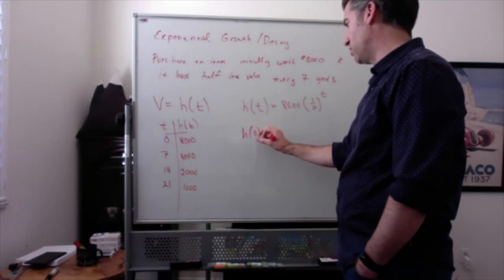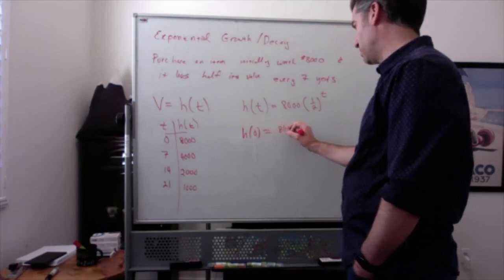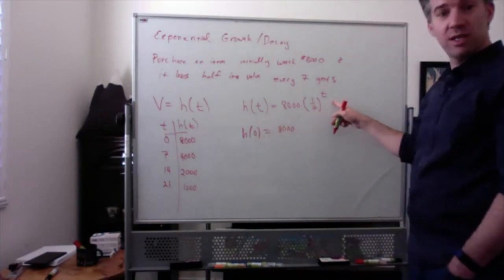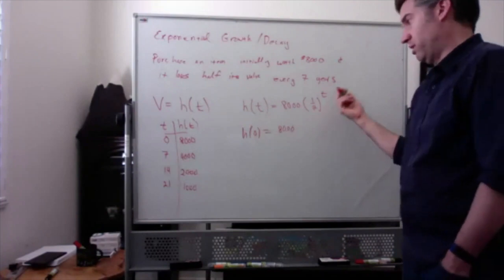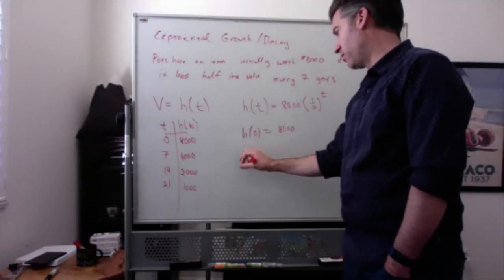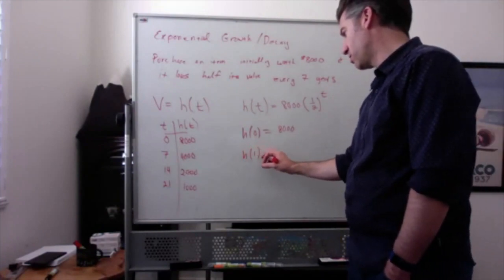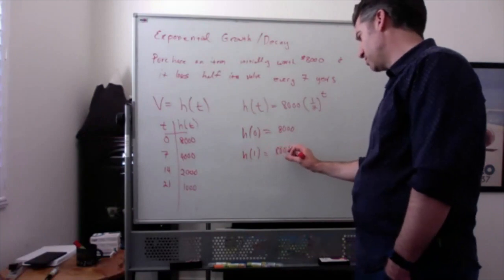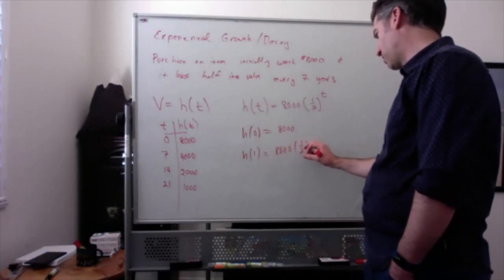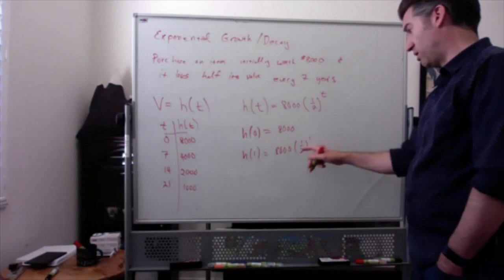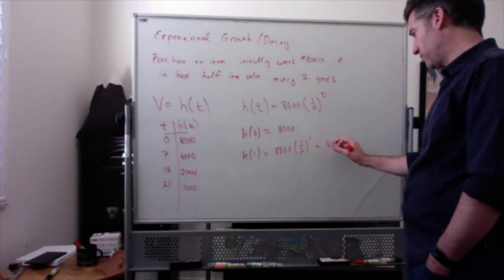H of 0 would be 8,000 times 1/2 to the 0th power, which is just 1, so it'd be 8,000. And then 1 year later, I would get 8,000 times 1/2 to the 1, which is 4,000.